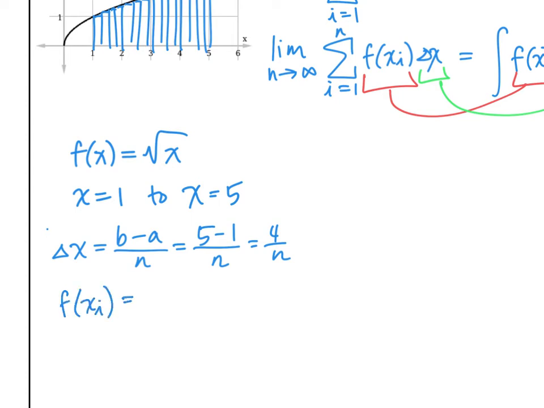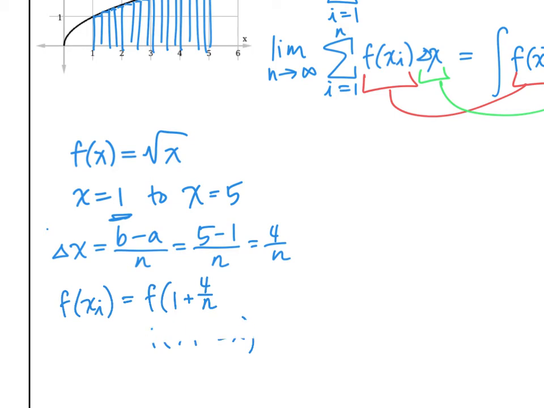it's an index, right? We're trying to figure out the height at every x value. So how do you figure out the height at every x value? Well, the first one is going to be 1 because we're starting at 1. The next one is going to be however much we want to move over on the delta x, right? So basically we start at the first one and then we move over delta x. And then we keep adding delta x over and over and over until we get to the last point, which is 5.